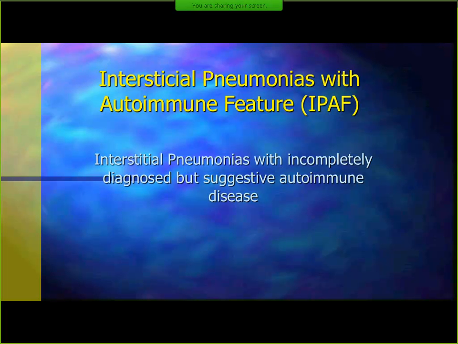For example, you might have a non-specific interstitial pneumonia on the pathology, and they may call it interstitial pneumonia with autoimmune features. They may develop full-blown collagen vascular disease later on, but initially the manifestation was interstitial lung disease.